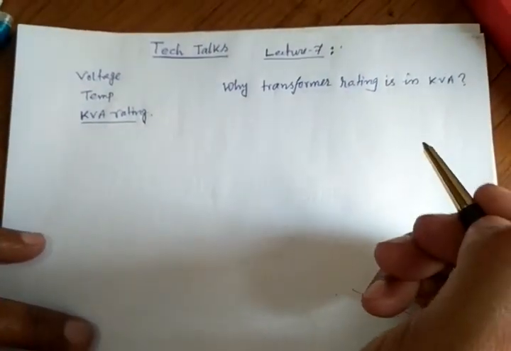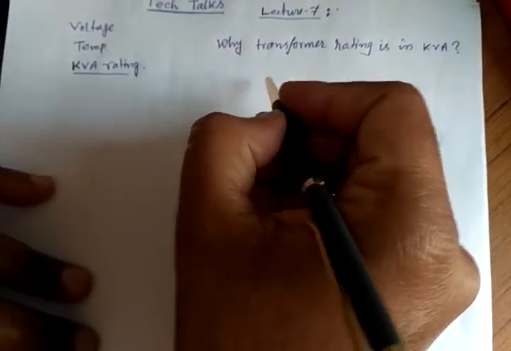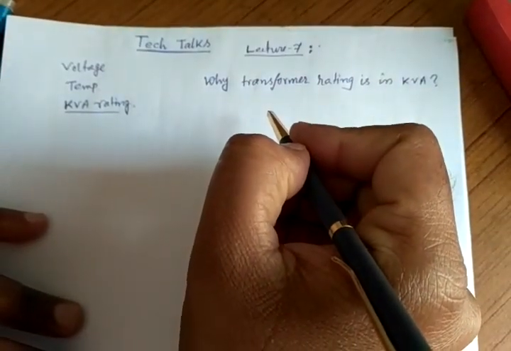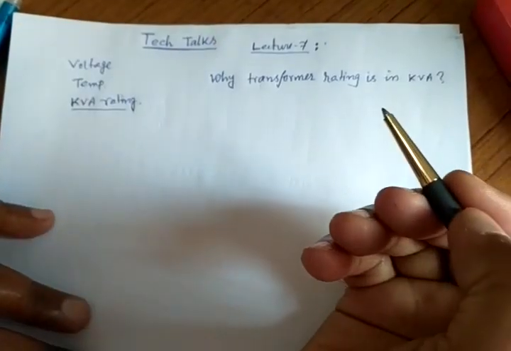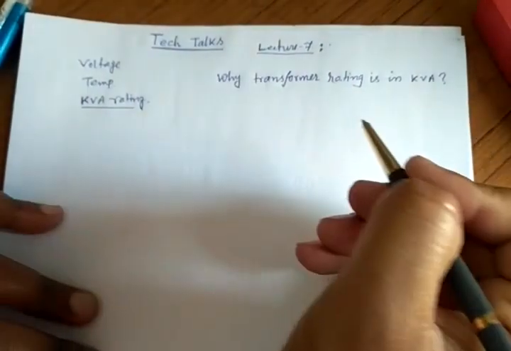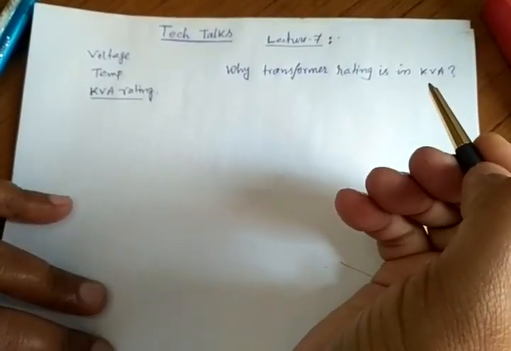So to answer this question, in case of an ideal transformer, we know that there are no losses. That is, the input side power is equal to the output side power.